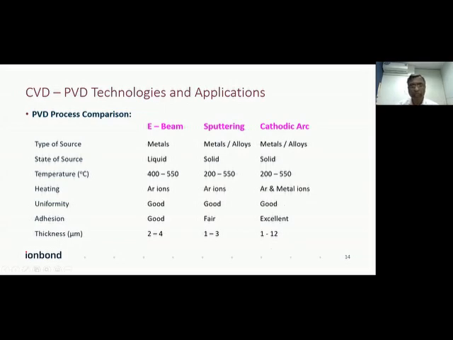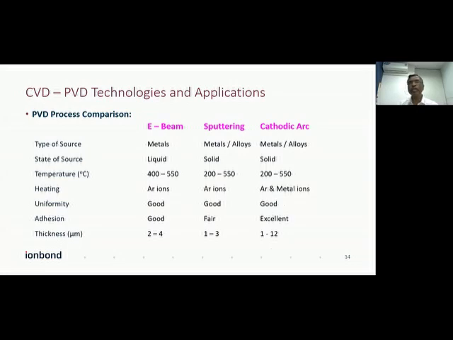The e-beam gives relatively good adhesion, but in the sputtering, the energy level of the ions produced with the help of a magnetron is lower. So the adhesion is relatively less as compared to the e-beam, and as compared to the cathodic arc, it is very less.